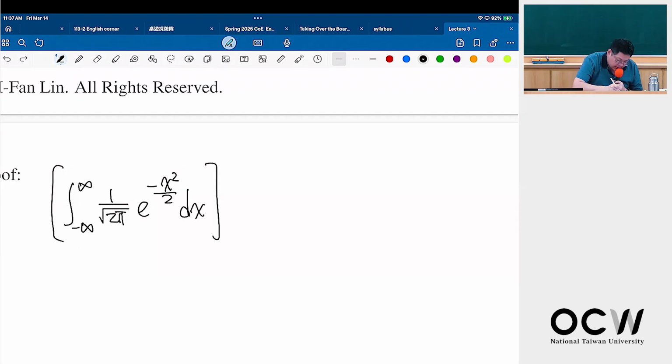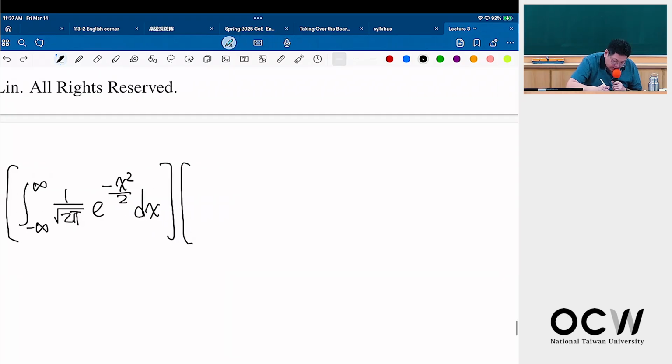This integration times the same integration, but I use a different dummy variable, y, 1 over the square root of 2 pi times e to the minus y squared over 2 dy.